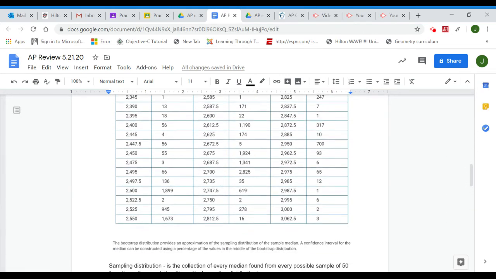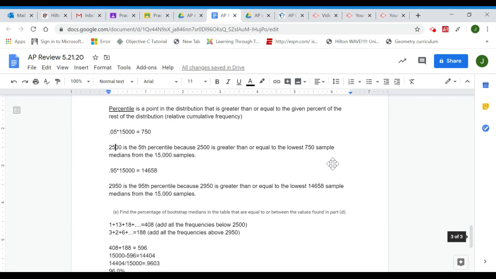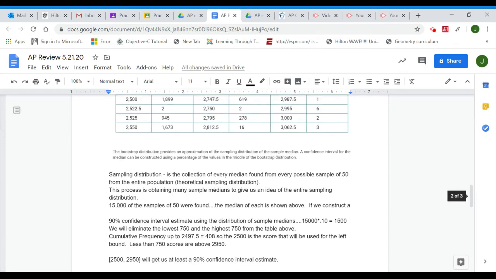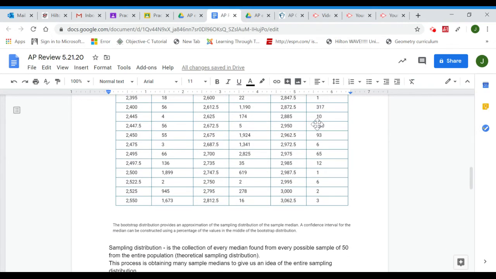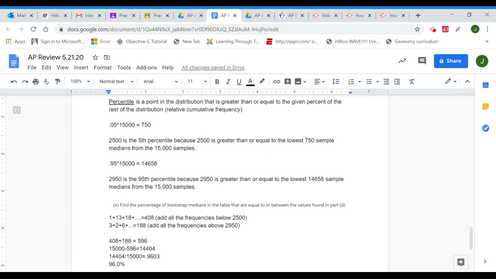Now, we didn't do that. We didn't add all these until we get to 14,658. What we did instead was we just added backwards. We went backwards to 750, and that put us over. So 2,950 ended up being somewhere in there was the 95th percentile.